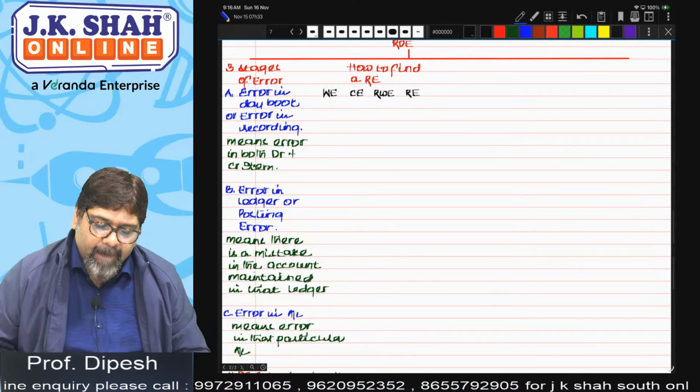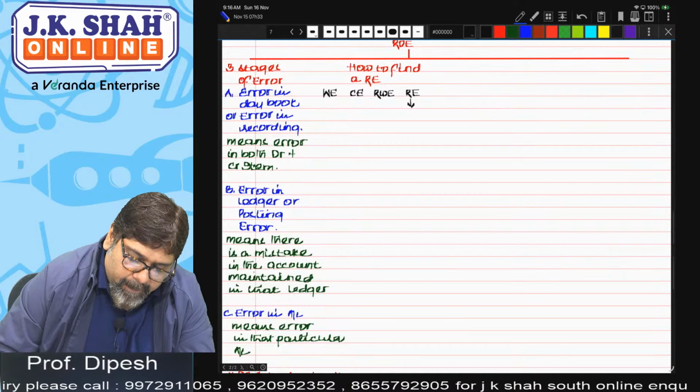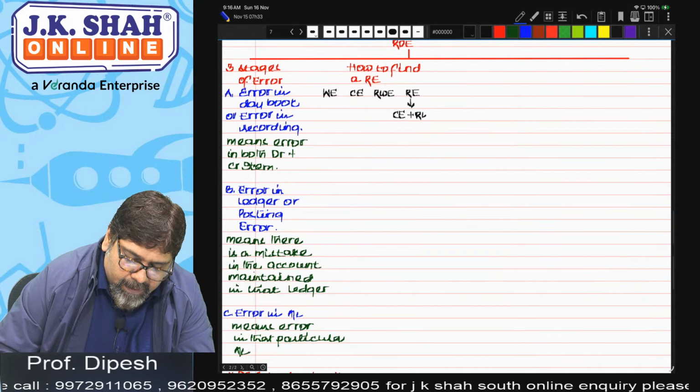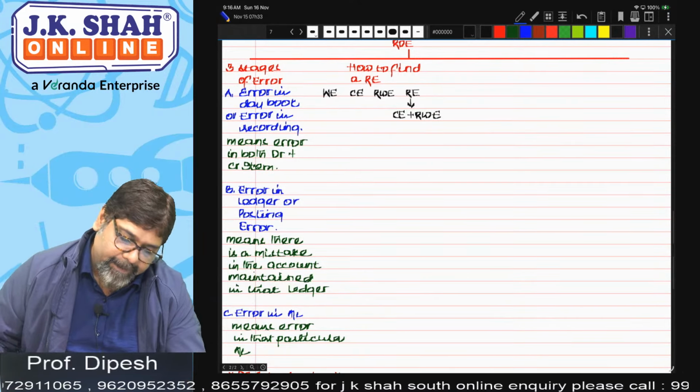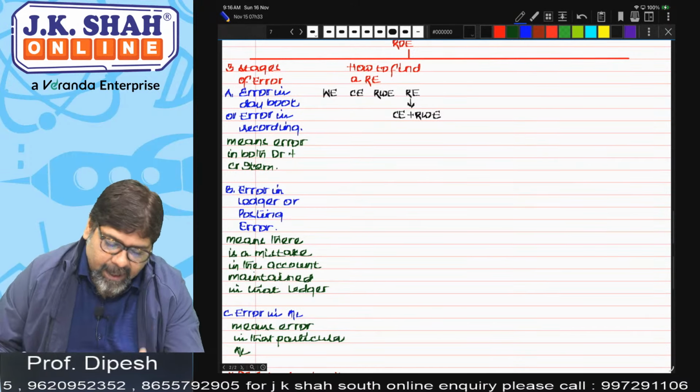Am I clear? Rectified entry is nothing but correct entry plus reverse of wrong entry. This is how you find a rectified entry. Correct? Yes.